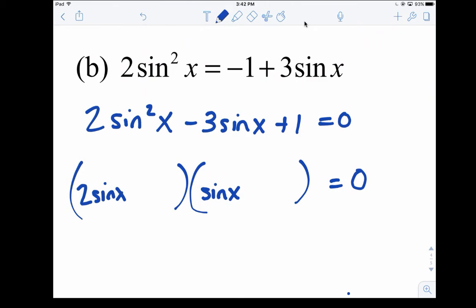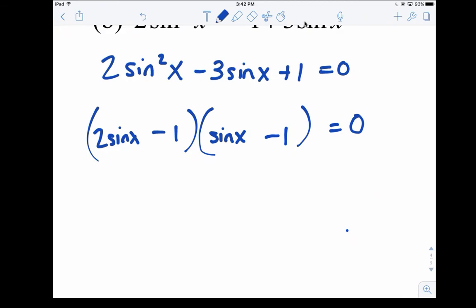So that means that my two factors for positive 1, they need to both be negative so that I get the negative middle term. So that's going to be minus 1, minus 1. Okay, so when you do 2 sine times negative 1, that's negative 2 sine times another negative sine is negative 3 sine.